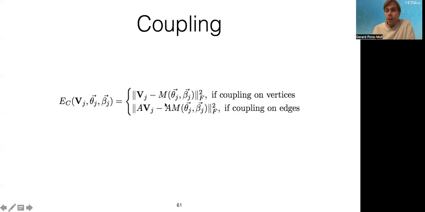Or if you care more about local surface structure, you could apply a matrix A, which is the same matrix we saw at the beginning. This matrix essentially extracts edges from vertices. And so what this objective is saying is that you want the edges of the registration to look similar in orientation and length to the edges of the model.